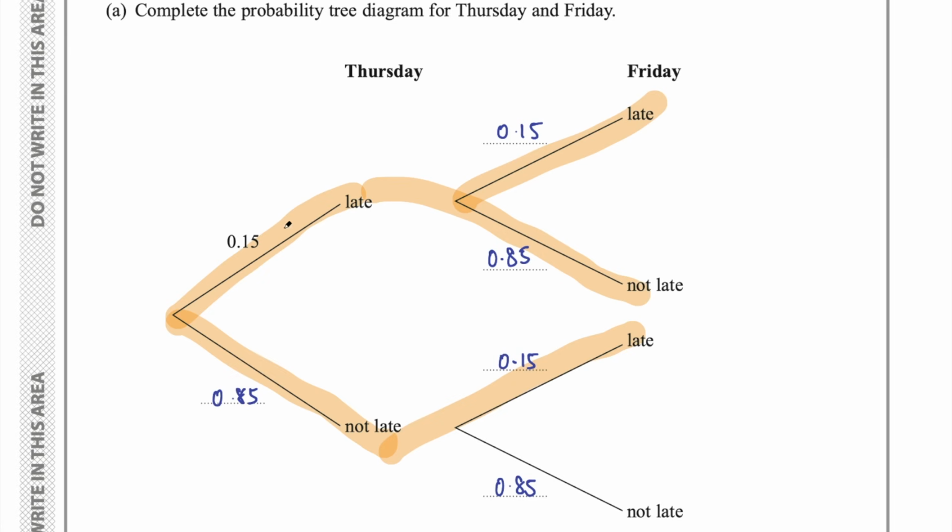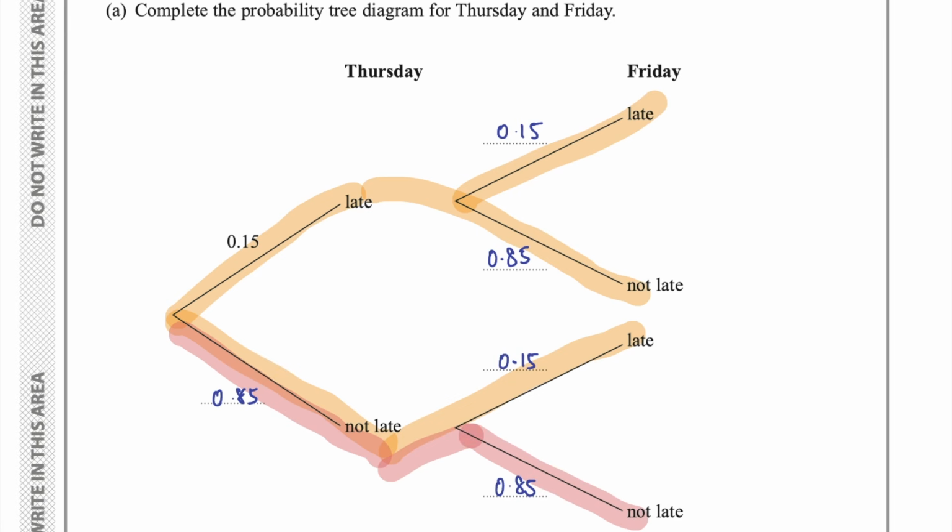So you could work out the probability of being late on Thursday and late on Friday, late on Thursday and not late on Friday, and then not late and then late. Or you can realize that if you work out all of these probabilities, it will be 1 take this probability here. So this probability of not late on Thursday and then not late on Friday.